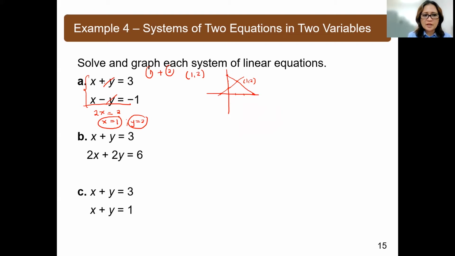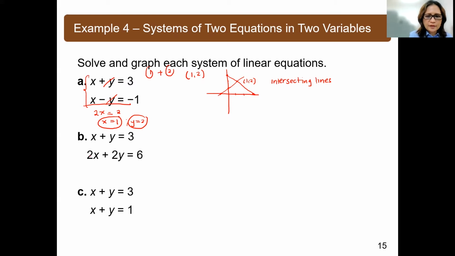So this means that these 2 equations are actually intersecting lines. Whenever a system has one unique solution, that solution is actually a point of intersection.